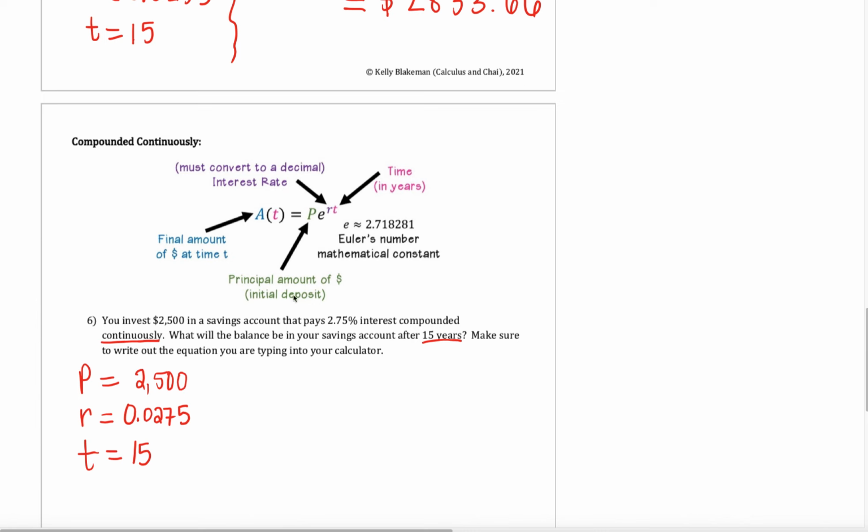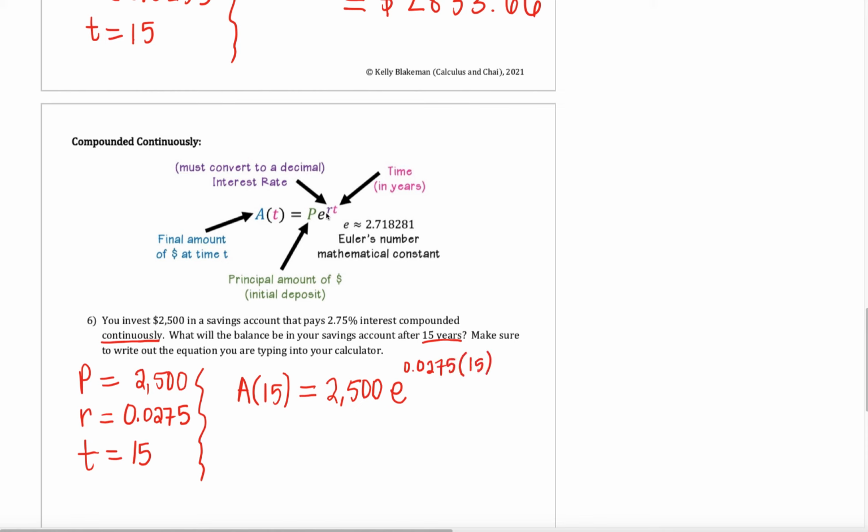Okay, now we need to sub this in. So we are interested in figuring out what A of 15 is equal to, since that's the amount of years that we're investing. That's going to be equal to our principal amount of money of $2,500 times e. So I'm going to literally write down e, that is representing our mathematical constant there. e to the 0.0275 times 15.